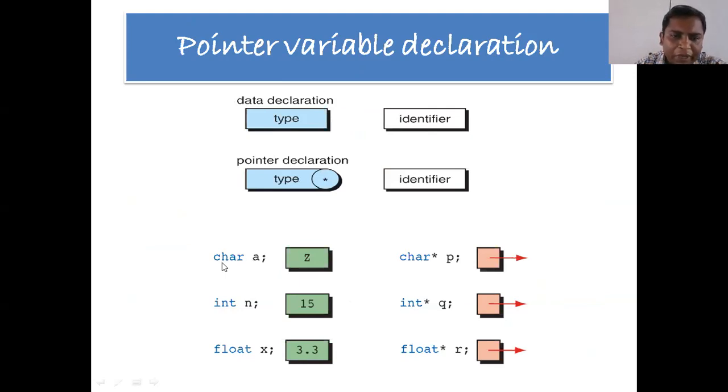So for that, we say char a, and this p is a character pointer which points to a, which means we will simply write char star p. Is it okay?